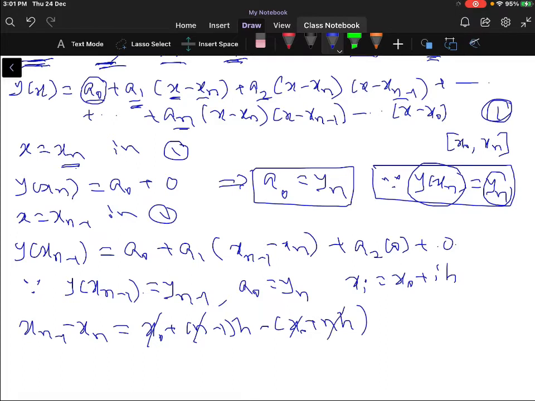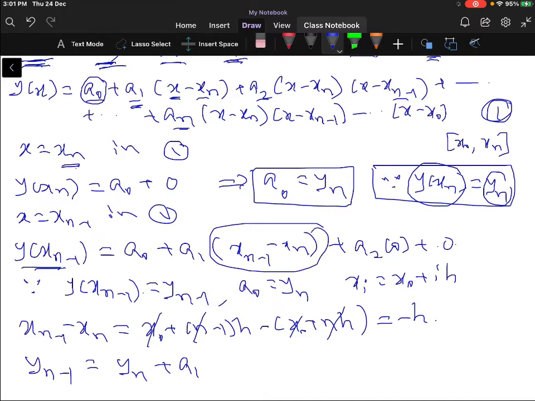The x naught terms cancel, and nh minus nh cancels, so what remains is minus h. Therefore y of xn minus 1 becomes yn minus 1, a naught is nothing but yn plus a1 into xn minus 1 minus xn, which is nothing but minus h.